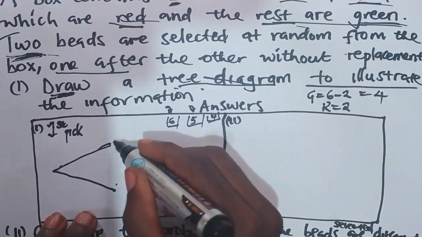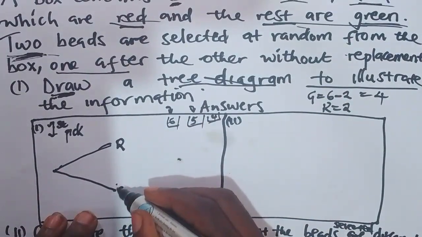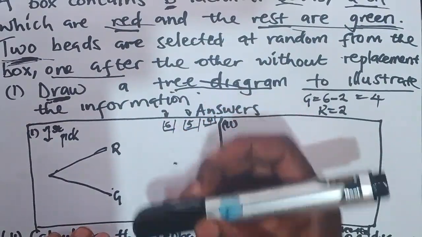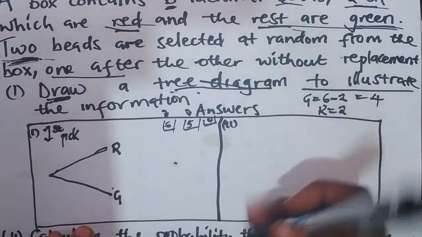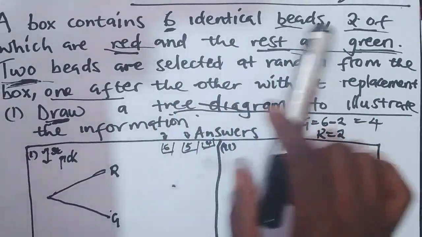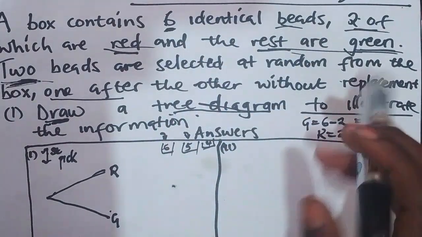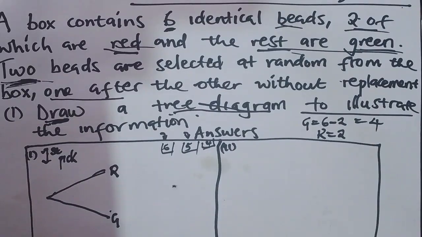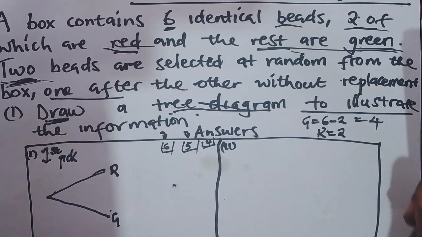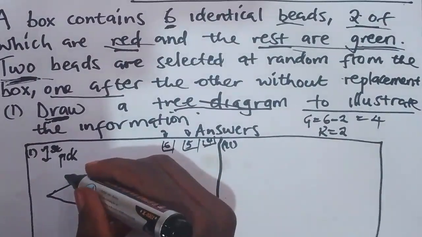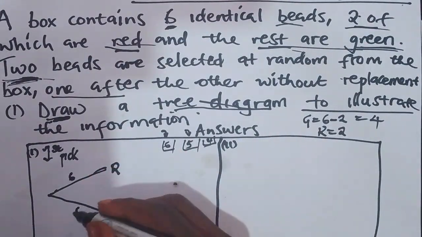In our case we have red and green. In the first round we have how many beads? We have 6 identical beads. That's the total. Remember, in probability you always have to find the total first, so that you are calculating the chances out of the total. The total we have in the first round is 6. They haven't picked anything, so you say 6.